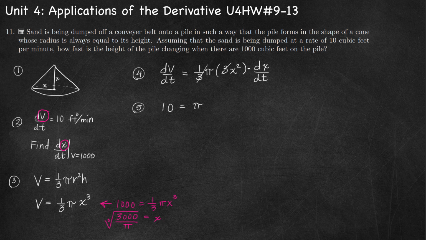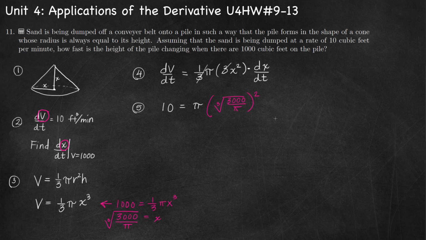So I'm going to come back up here and substitute that in for x. It's fine to get a decimal value at this point, and you put the decimal value in for x. I'm just going to put it in here as is. So I have the cube root of 3,000 over pi. All of that has to get squared.